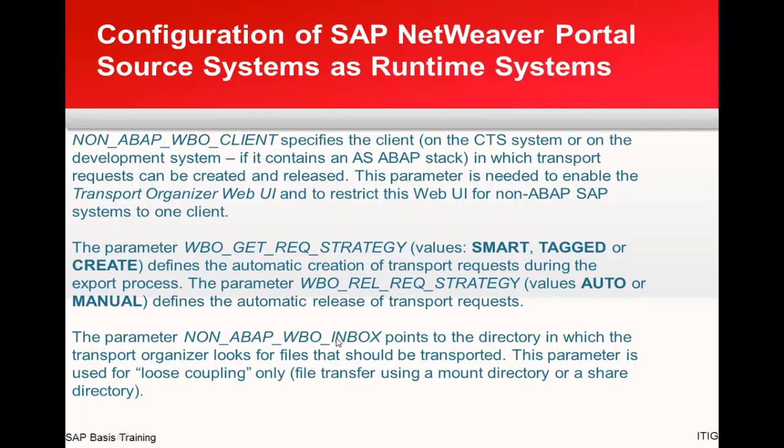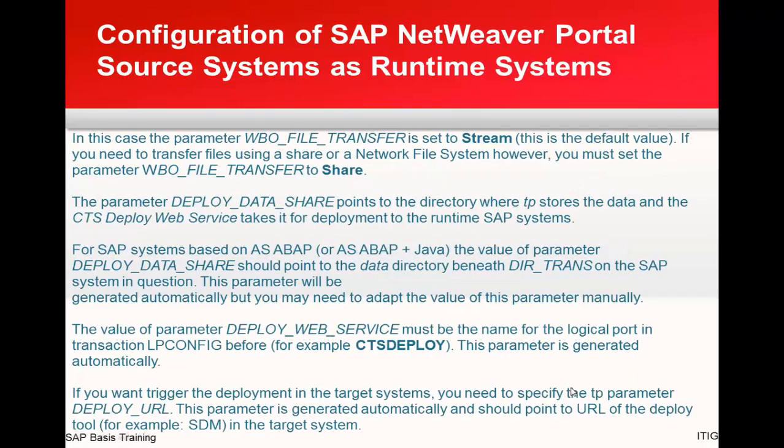Then the parameter WBO inbox points to the directory in which the transport organizer looks for the files that must be transported. This parameter is used for loose coupling, that is, file transfer using a mount directory or shared directory. Here we are giving an example of how to do this in a portal system.